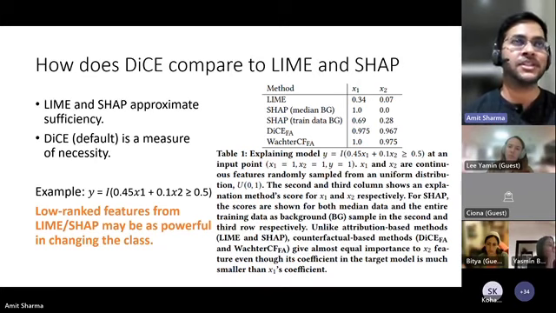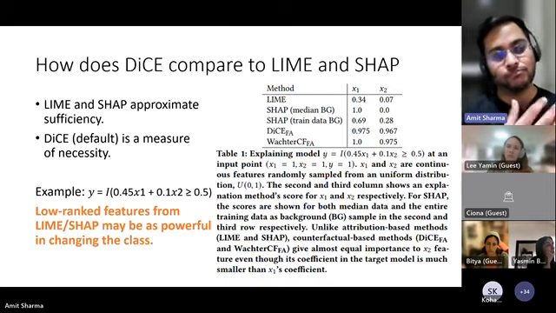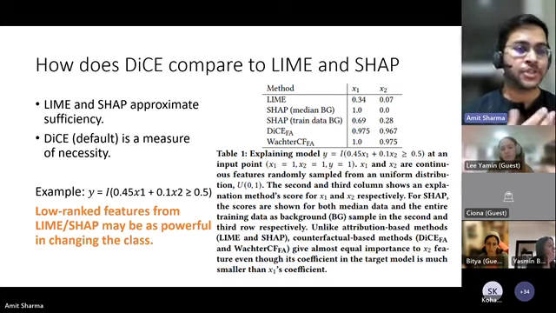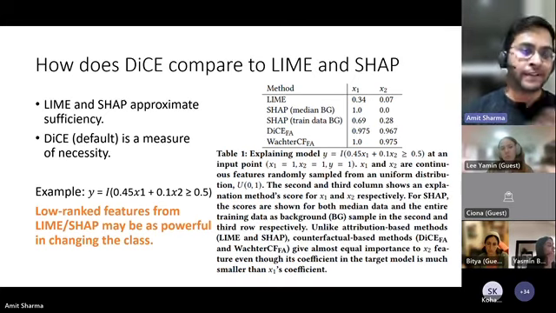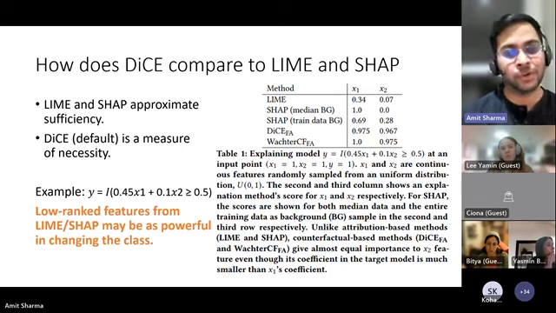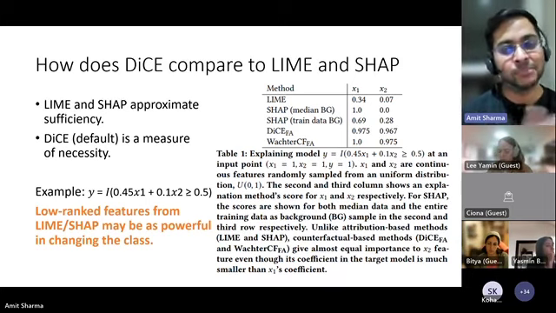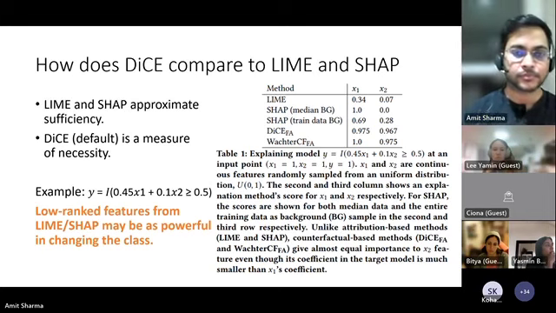So in your application, if you're looking for this kind of sufficiency of features, where you really want to find the big important features, which are closer to sufficiency in predicting y, then LIME or SHAP kind of methods might be more useful. But if you're thinking from a counterfactual world, more like a necessary condition, where you want to find the features that are really necessary to make the prediction, and without them the prediction won't happen, then counterfactuals are more useful.